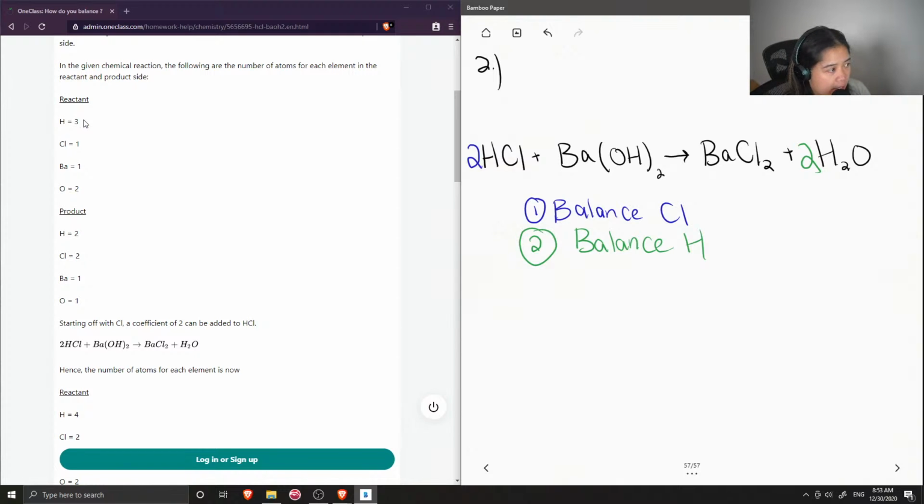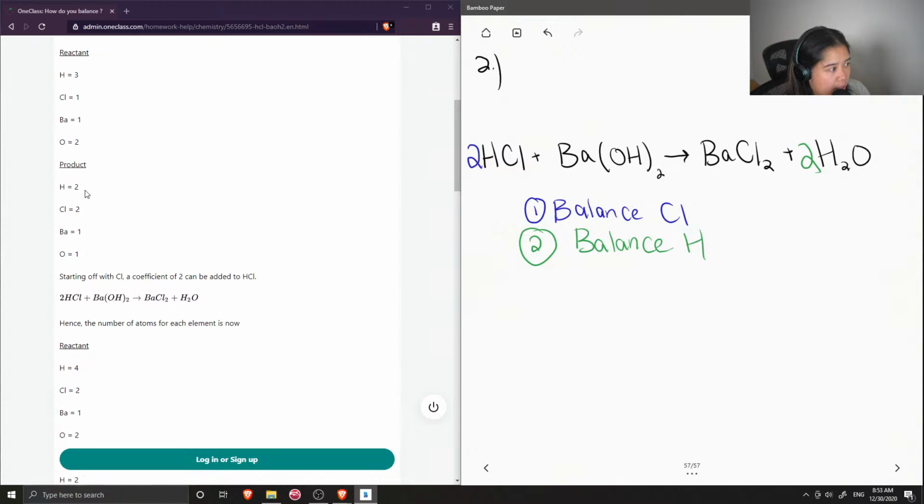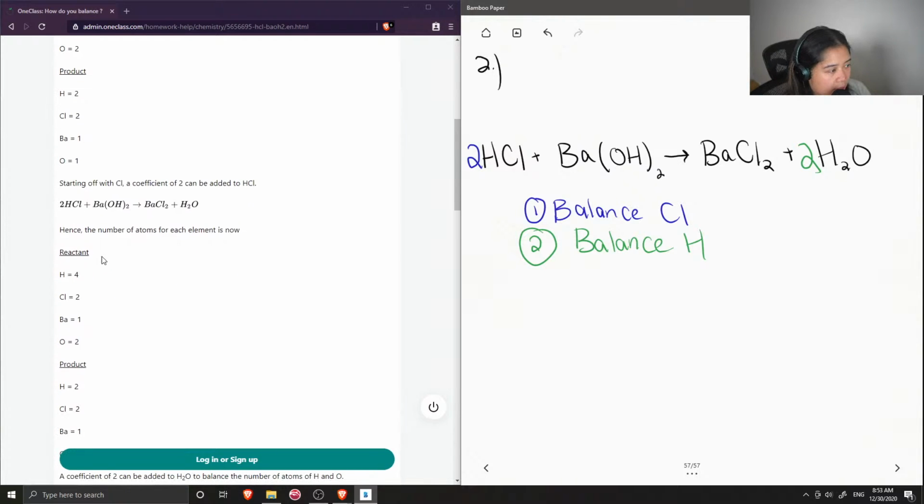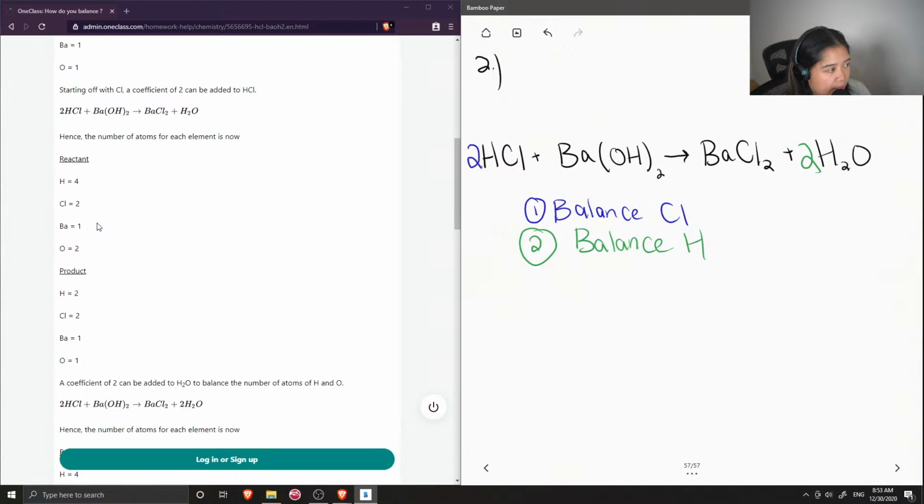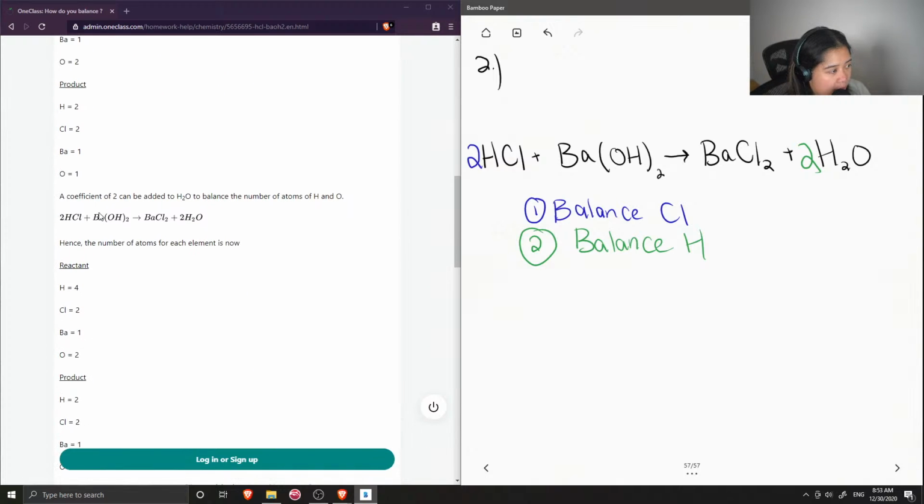So there were 3 hydrogens, 1 chlorine, 1 barium, 2 oxygens, and then 2 hydrogens, 2 chlorines, 1 barium, 1 oxygen. Starting off with chlorine, a coefficient of 2 can be added to HCl. And then they updated the column. And then a coefficient of 2 can be added to H2O to balance the number of hydrogens and oxygen.